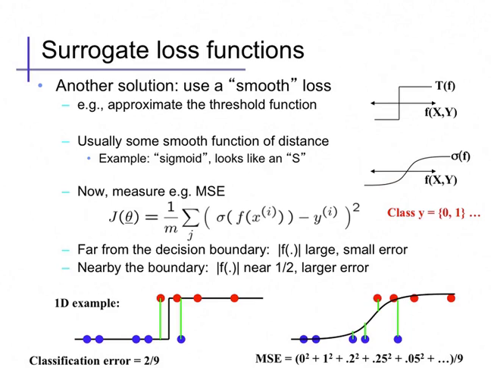Now, instead of counting the errors, we can measure, for example, the mean squared error between our soft prediction and the true class. This has the nice property that if we're very far from the decision boundary, our output is nearly -1 or +1. And so we have small MSE. But near the boundary, we transition smoothly between those two values, and the error will smoothly increase.